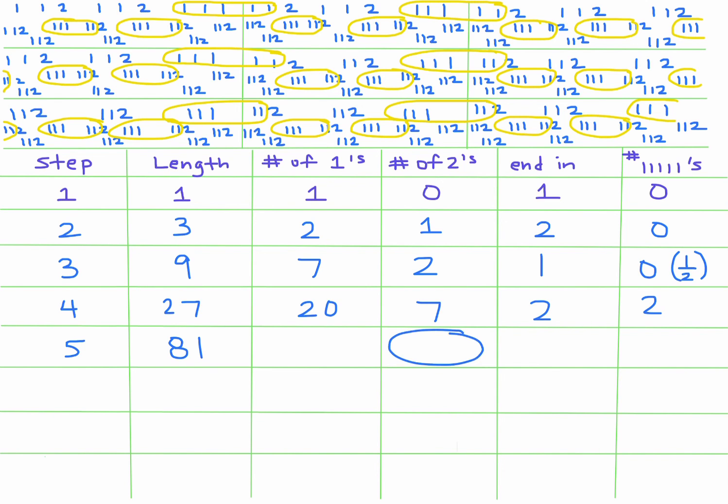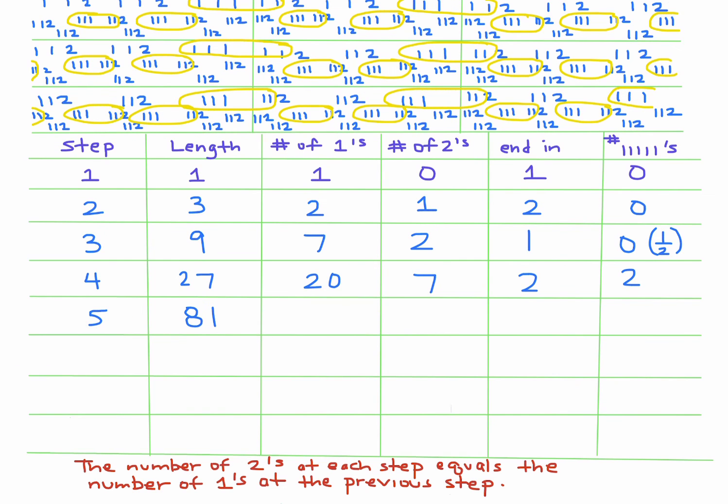The number of 2s will be the same as the number of 1s from the previous step. Why? Because in our system, whenever Judith saw a 1, she made a 112 in her step. So every time there's a 1 in the previous step, there's going to be the same number of 2s in the next step.